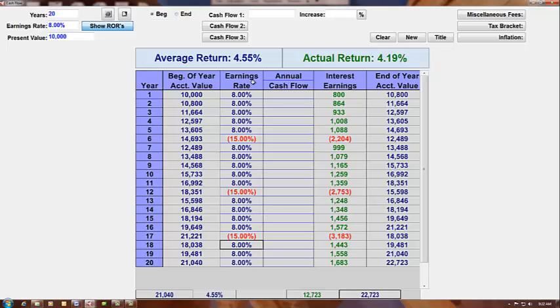And you'll notice that the average rate of return is 4.55%, but the actual rate of return is 4.19%. This $10,000 investment has yielded $22,723.